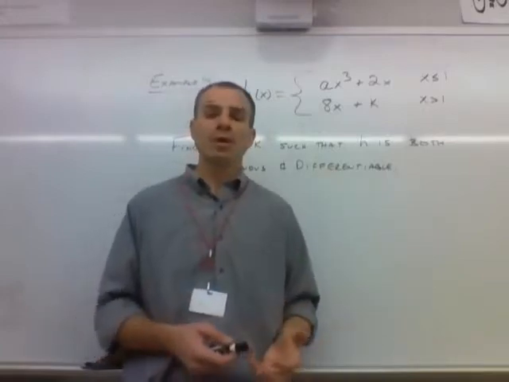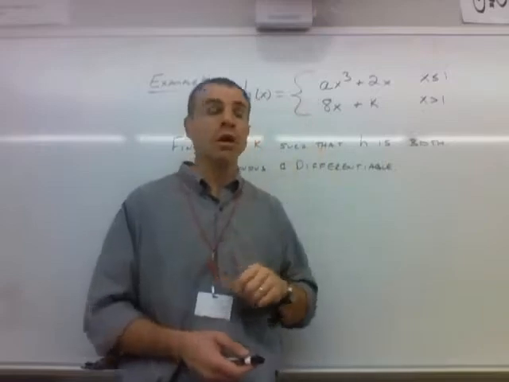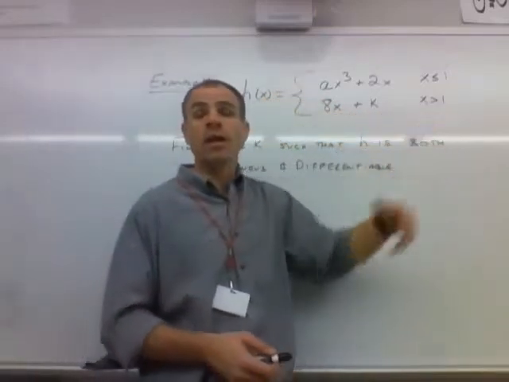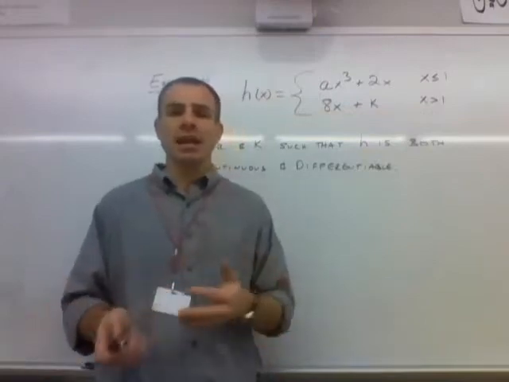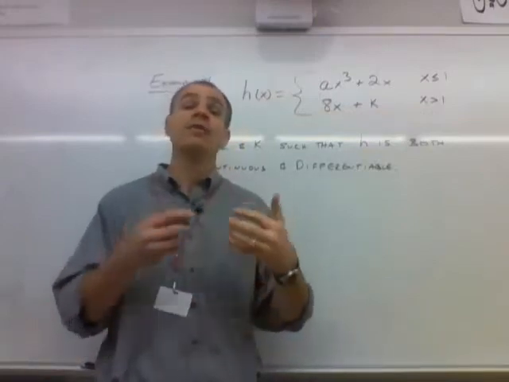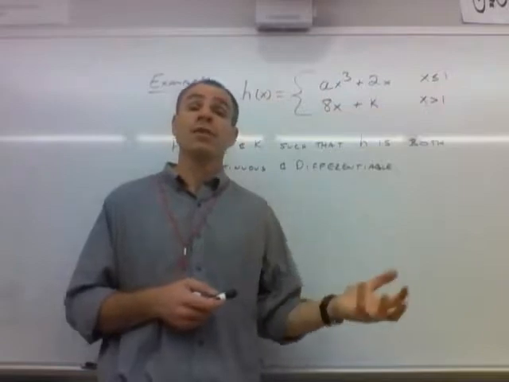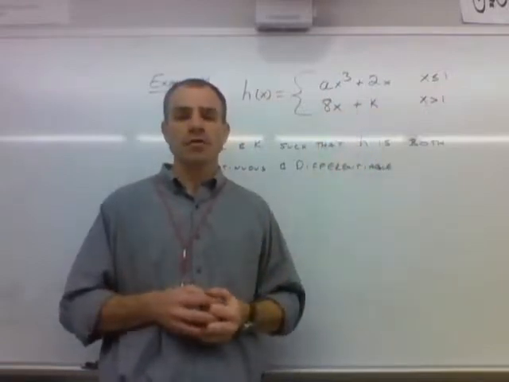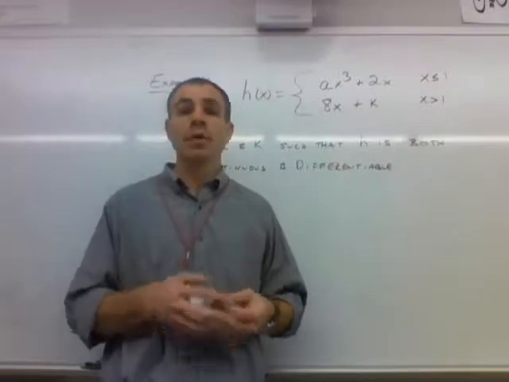So ultimately we have two tasks. One, set these two functions equal to each other, let x equal 1, and come up with an expression that connects a and k. Then we do the exact same thing with the derivatives of these two functions, and that should give us enough information to figure out what a and k are. So let's go ahead and do that.